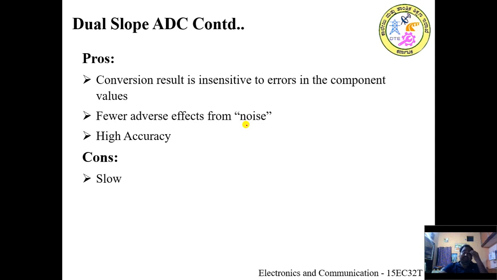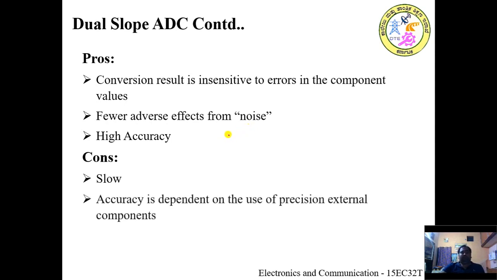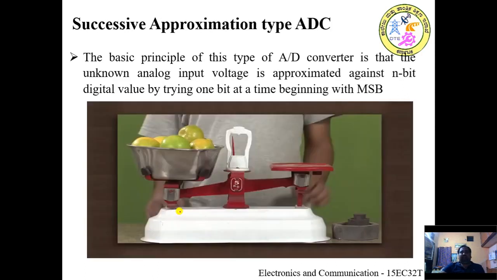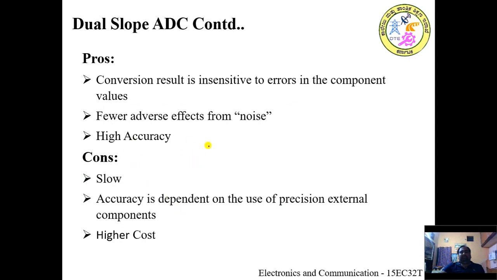Since it is very slow, this kind of ADC cannot be used in a data acquisition system. The accuracy is dependent on the use of precision external components. So it depends upon the external components. This is another disadvantage, and it is also of higher cost. So this is about the dual slope ADC.